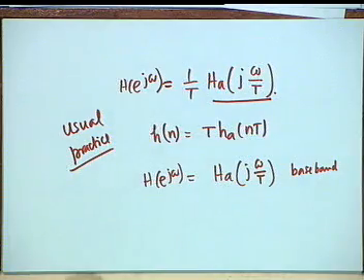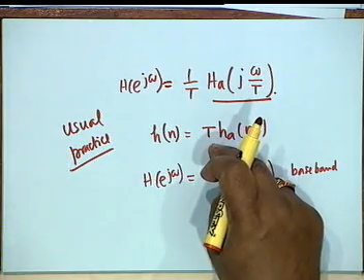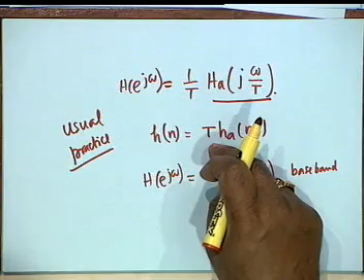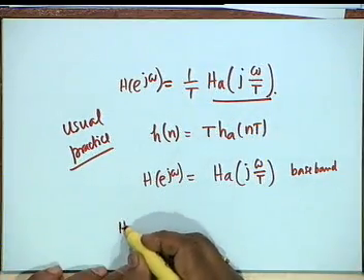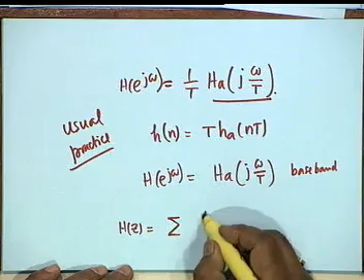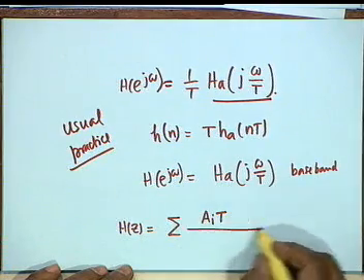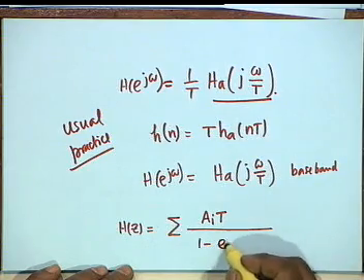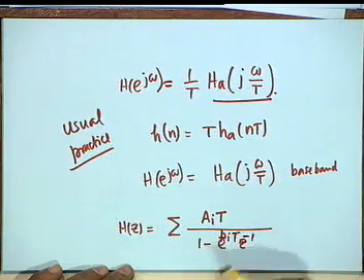So capital T shall occur in whatever we have derived, h of z is to be multiplied by capital T. In other words, h of z for our digital filter would be a i t divided by 1 minus e to the pi t z inverse. Is that clear?